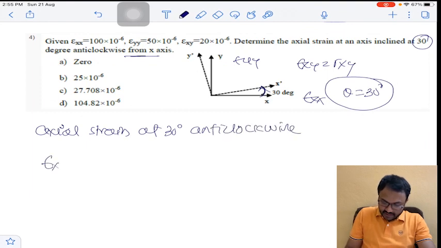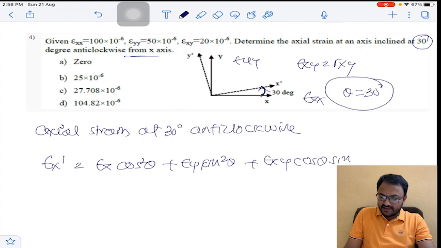It is equal to epsilon x dash is equal to epsilon x cos square theta plus epsilon y sin square theta plus epsilon xy cos theta sin theta.